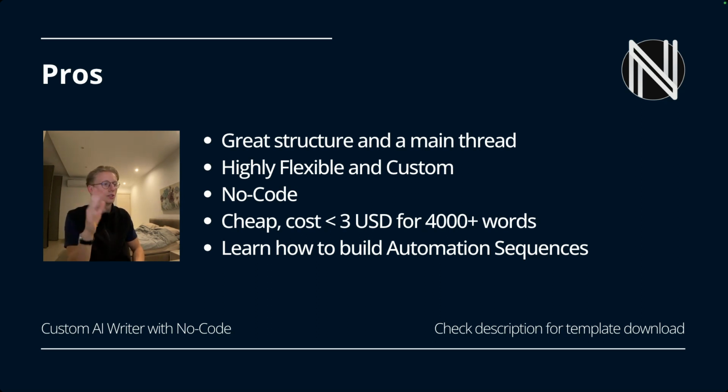And of course, no code is really great to have if you have an agency and stuff, I can just teach this to anyone in my team. And it's an easy process to do so. It's also quite cheap, under 3 USD for 4,000 words, and they're pretty great words in my experience. And also, of course, you learn how to build automations and sequences. That is just a great skill to have coming up, and of course right now as well.